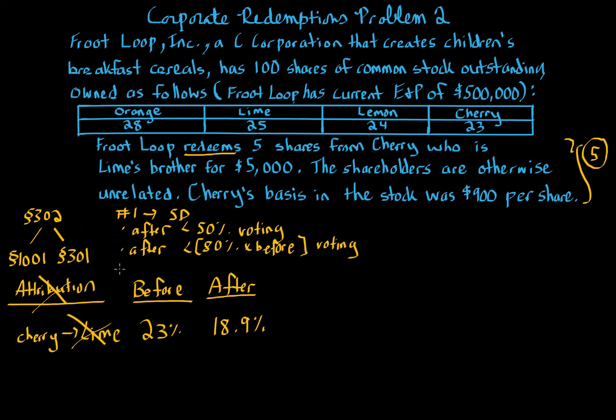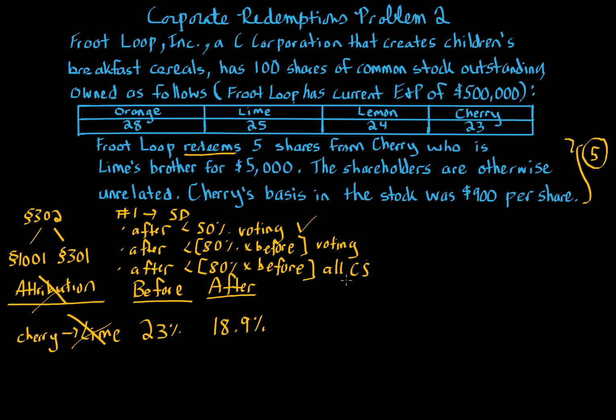And finally, the after percentage is less than 80% of the before percentage, but it's for all common stock. Okay, so of course, the after percentage is less than 50%. We see that. The after percentage has to be less than 80% times the before. So let's go ahead and calculate that.